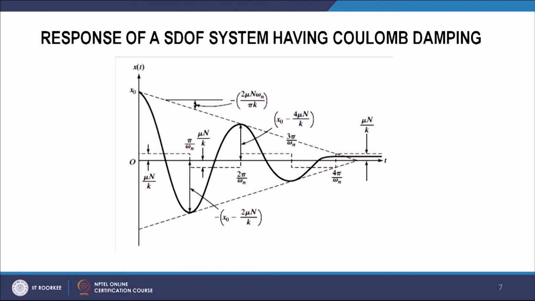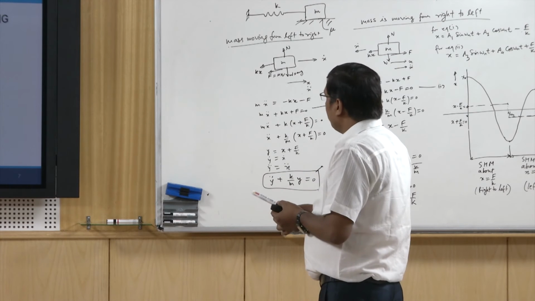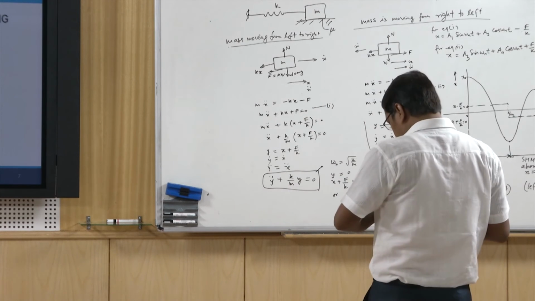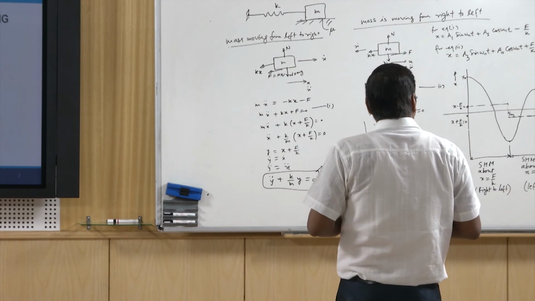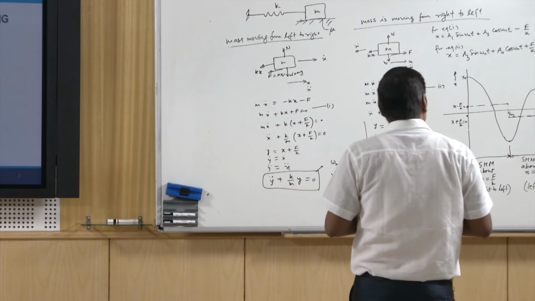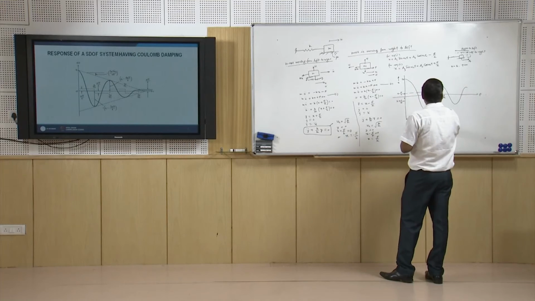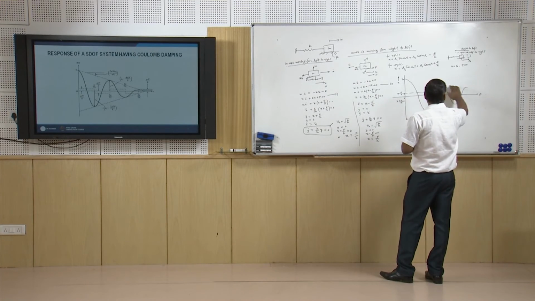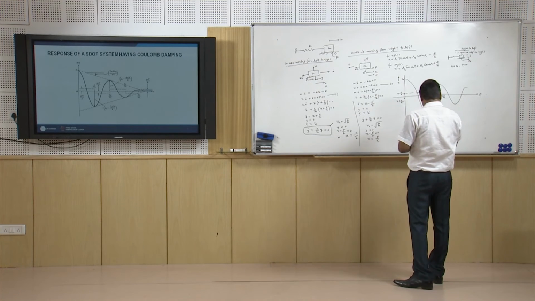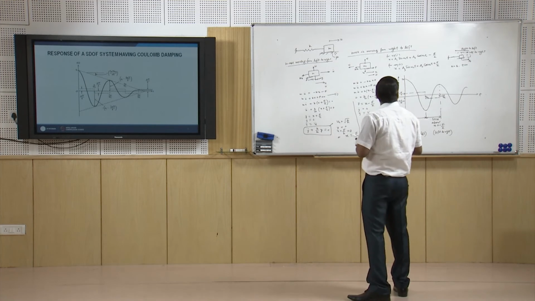Now we want to know the oscillations, the rate of decay, because although the amplitude is going to decrease, we want to know how much.